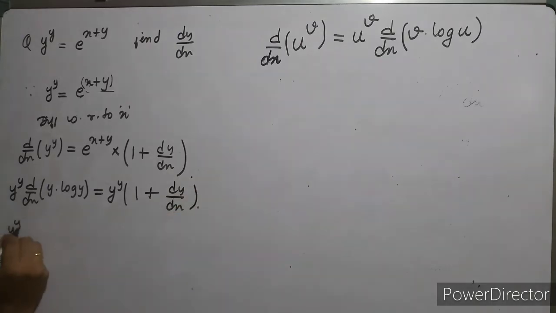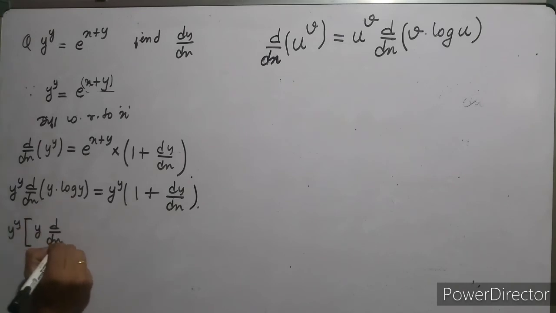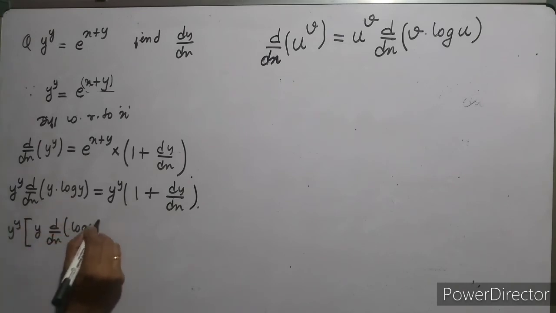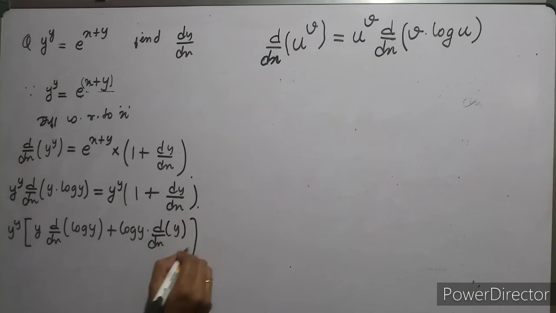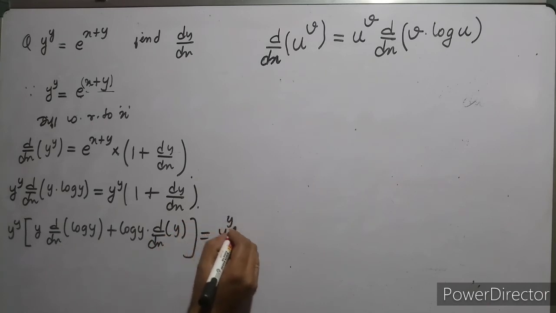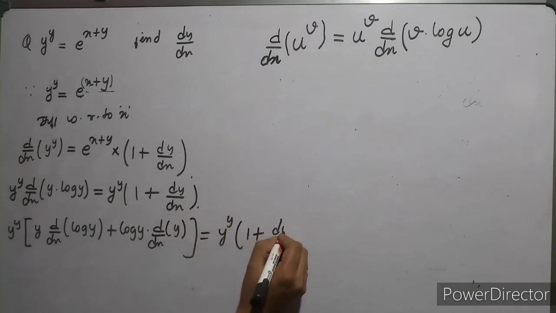Now then for y to the power y use u into v: u dy by dx of v log y plus log y into dy by dx of y, to the power y, 1 plus dy upon dx, so that we can cancel this two.